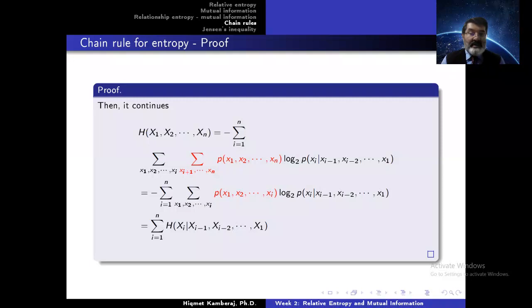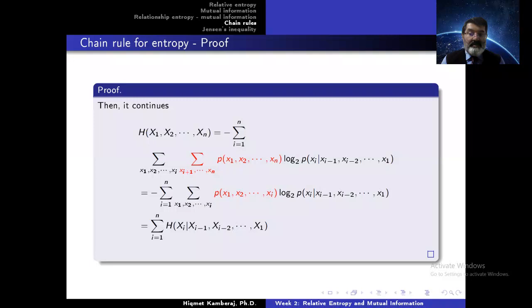Now the reason that I express the second sum as two sums is the following. If I look inside the log with base 2, the conditional probability depends on xi, xi minus 1, xi minus 2, and so on, x1, but does not depend on xi plus 1, and so on, up to xn.